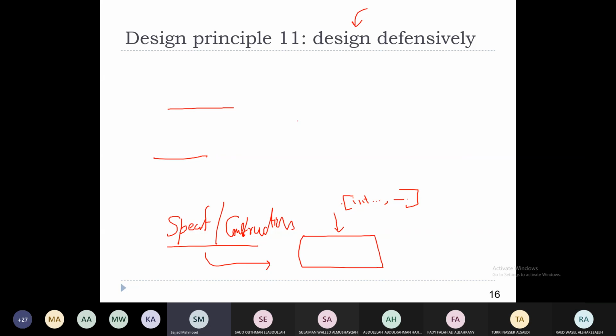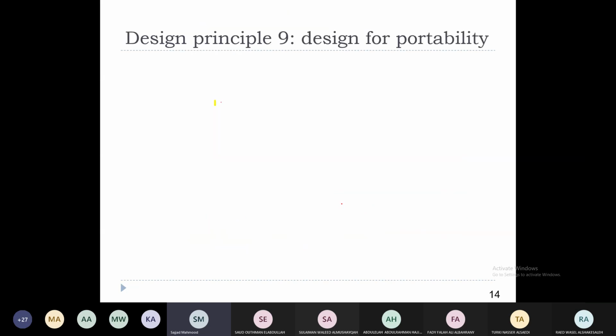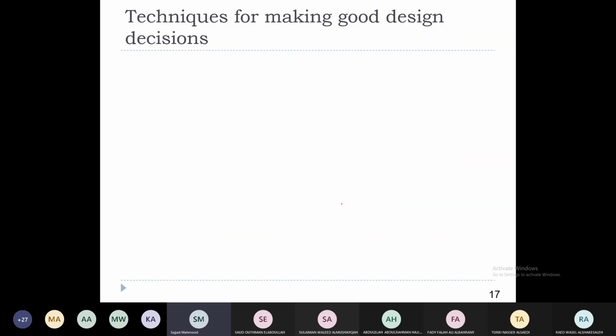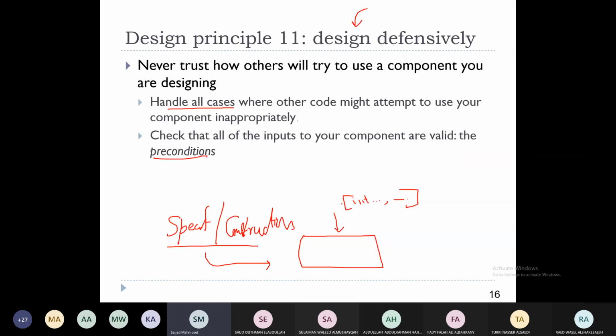so in a nutshell, if you look at the ones we covered today, you try your best to follow these 11 rules to come up with the design of your applications. Again, these 11 rules are a summary of the things we have learned.